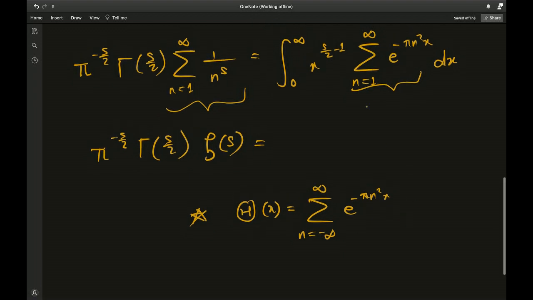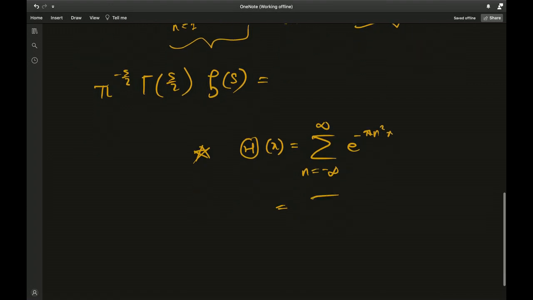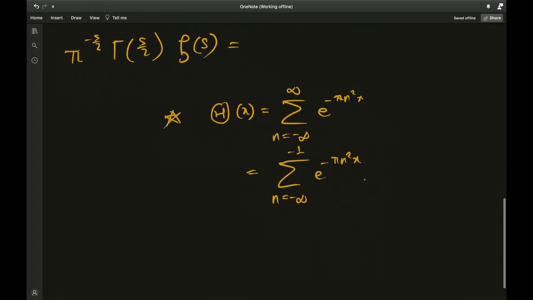Now the problem is this sum is going from n equals 1 to infinity, but we can exploit the fact that this is going to be even. So sum from n equals negative infinity to minus 1 of e to the negative pi n squared x plus, you know, the time where n is 0, so e to the 0 is 1, plus sum from n equals 1 to infinity e to the negative pi n squared x.